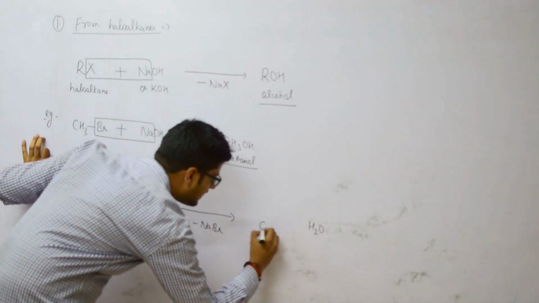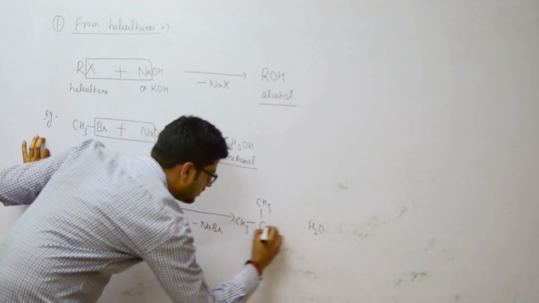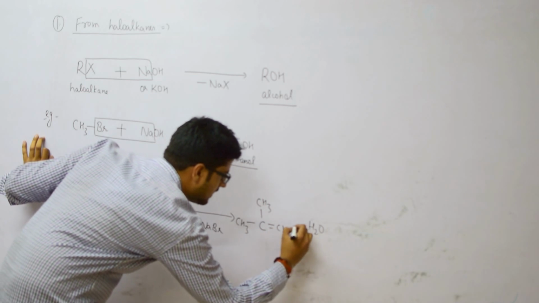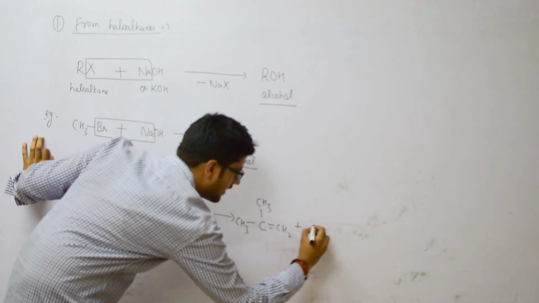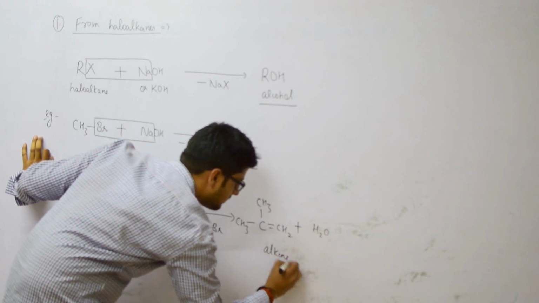Means we will get CH3 CH2 plus H2. This is our alkene.